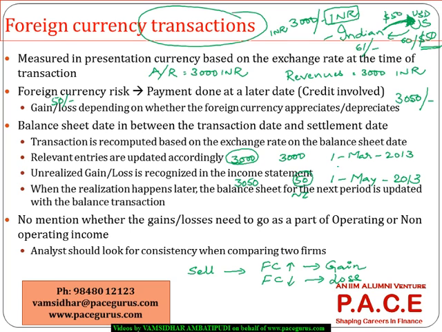Now here there is a small catch. Assume that the financial statements have to be prepared on 31st March 2013, which is in between the actual transaction date and the payment received date. So the balance sheet date is somewhere in between.